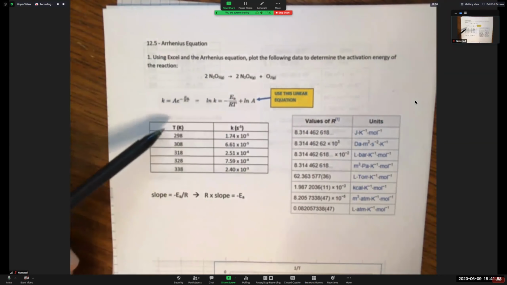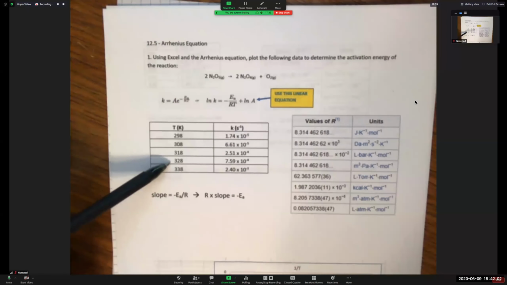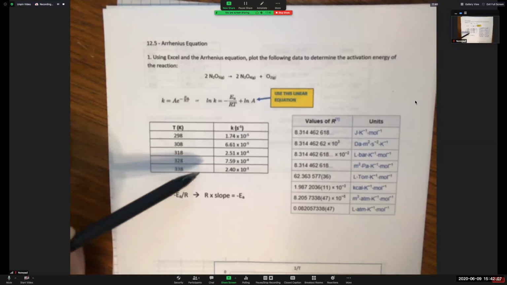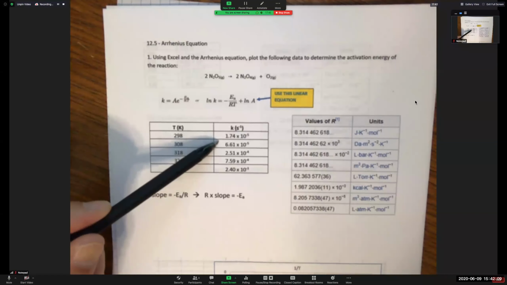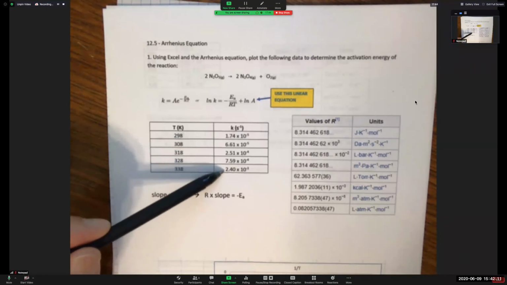So over on the left side are the temperatures that the reaction was done at, 298 up to 338 Kelvin, and the corresponding rate constants that were found.